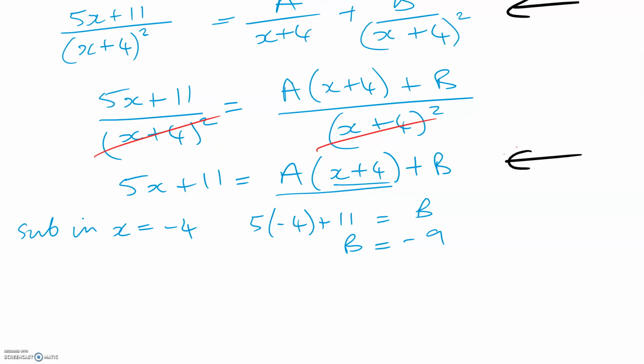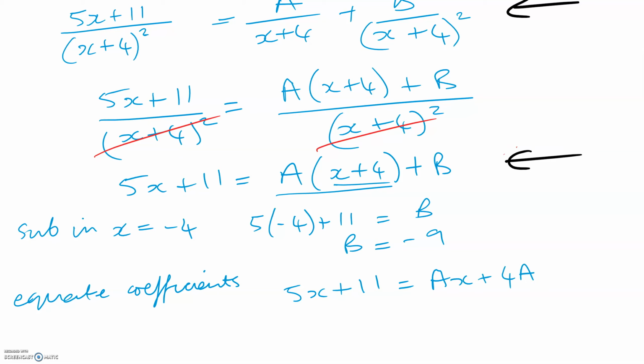Now there is no bracket next to b, so you can't really eliminate b from the equation. You've got to equate coefficients in order to find a. So the left hand side of the equation is 5x plus 11. If we multiply out the brackets, we've got ax plus 4a, and we now know that b is minus 9.